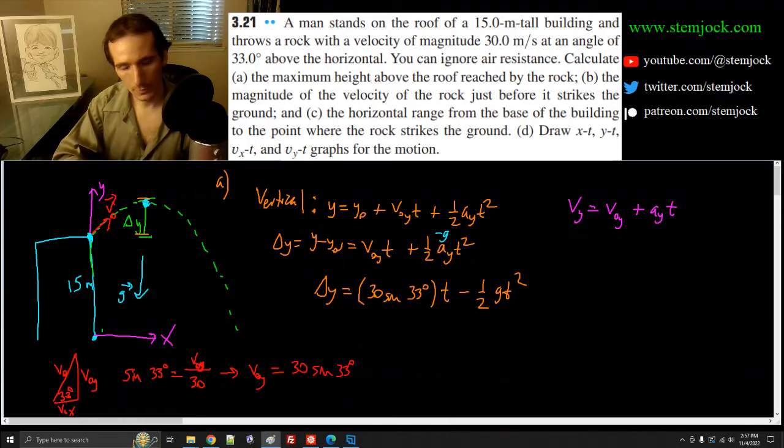The vertical velocity at the top of the motion is 0. It comes to a complete standstill at the very top of the parabola. So Vy is going to be 0.